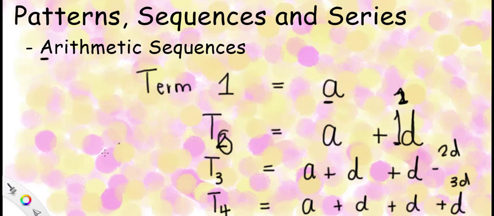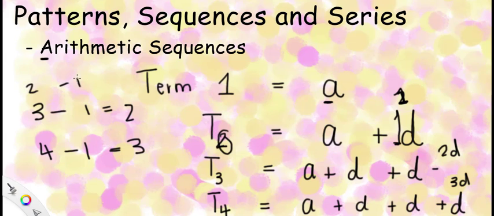It looks like when you have, for example, term 4, what you need to do is say minus 1, and then you end up with 3, which is what you see there with the D. And when you have 3, again you only have to say minus 1 again, and you end up with 2 times D. So for 2, if you say minus 1, you end up with 1D.